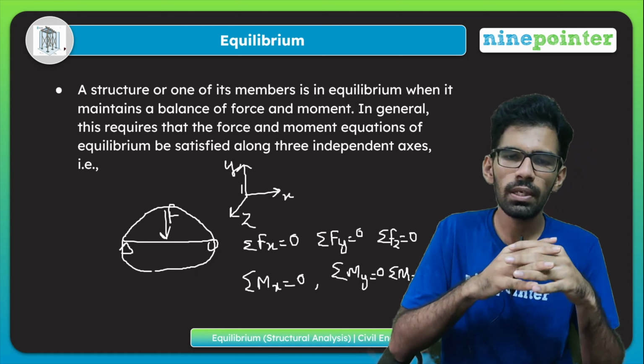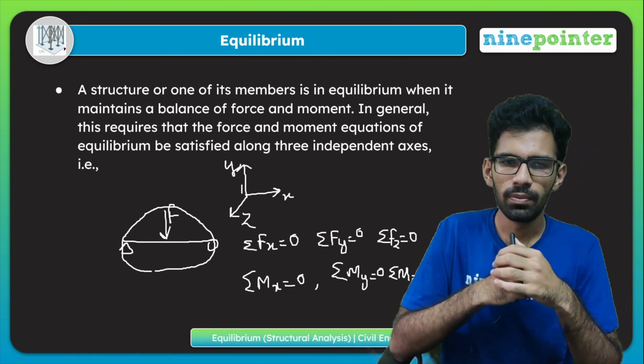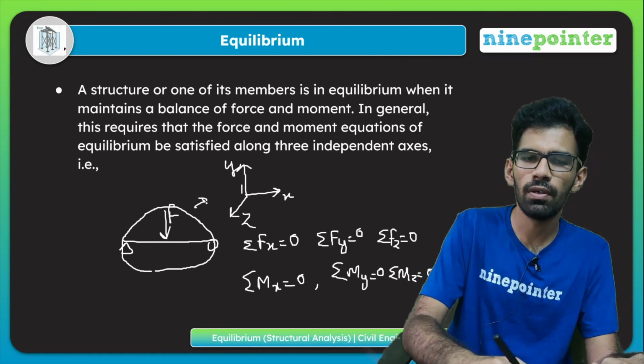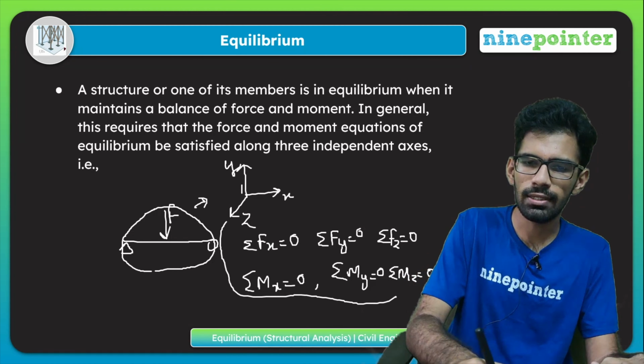So this will be considered as an equilibrium structure, and then we'll be able to say that this structure is in equilibrium if all these conditions are satisfied.